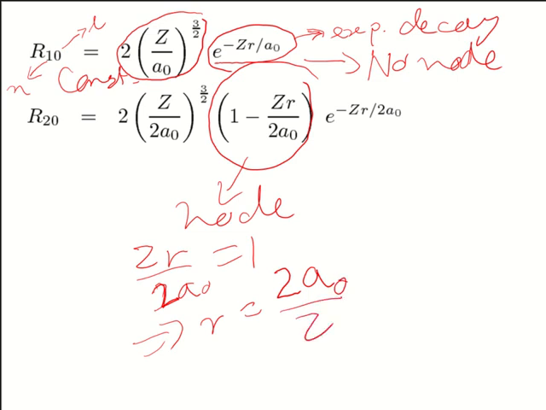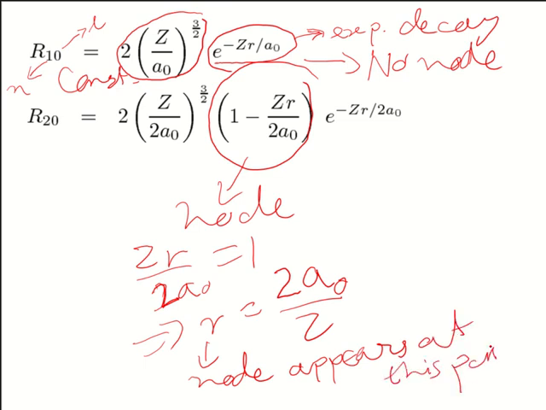So this is the point where the node occurs, at this value of r distance. So if an equation is given to you, you should be able to find the distance where the node will occur.